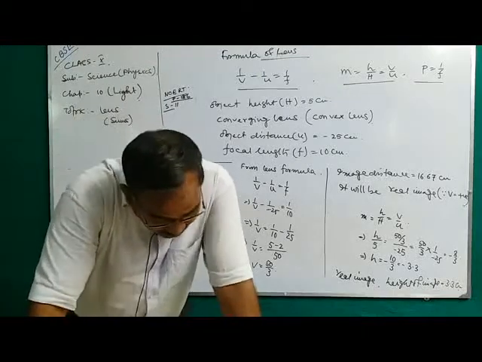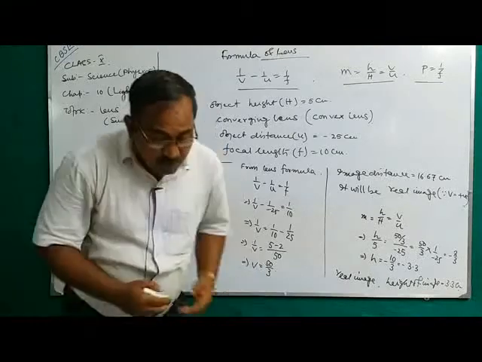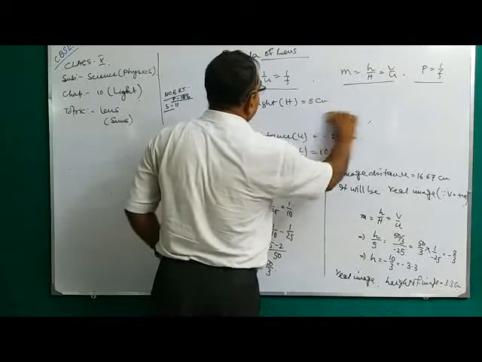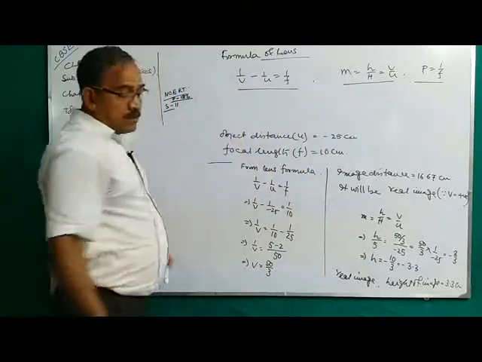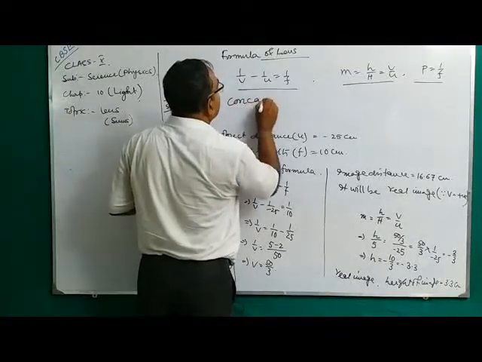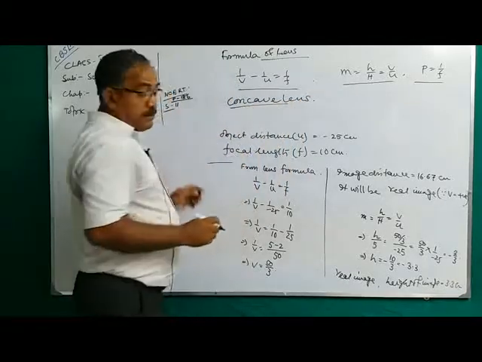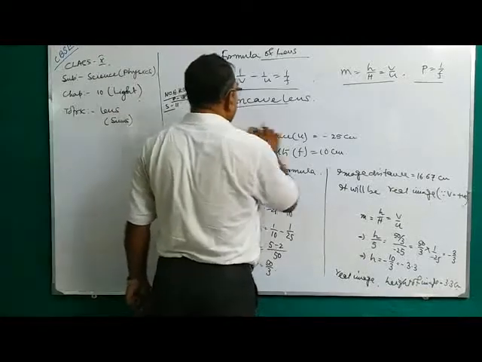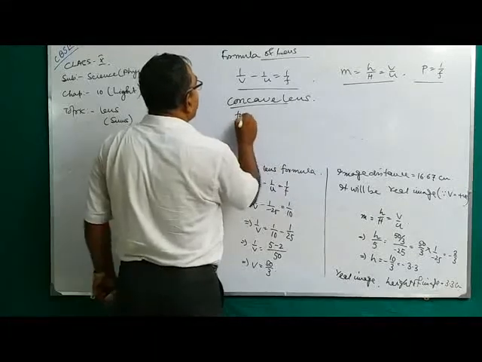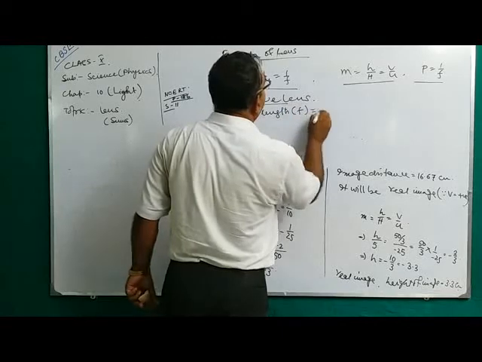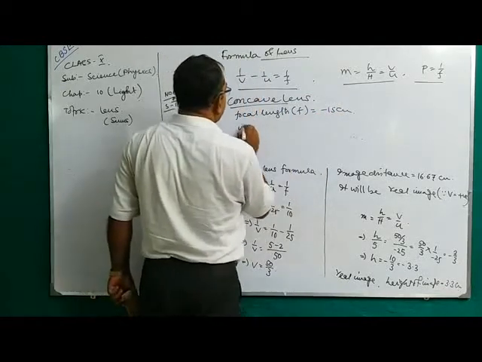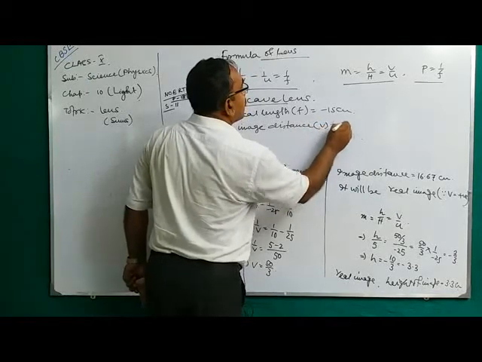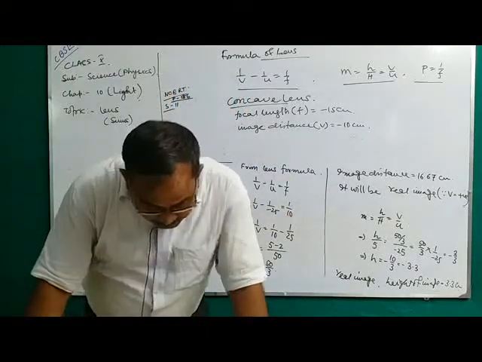A concave lens of focal length 15 centimeter forms an image 10 centimeter from the lens.